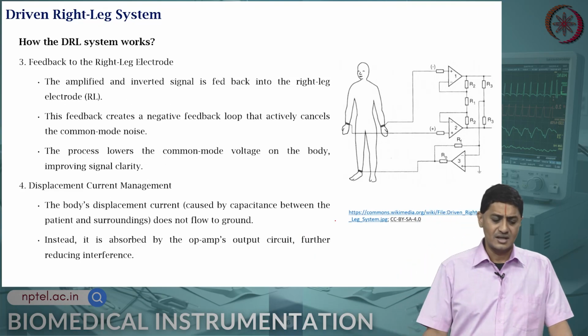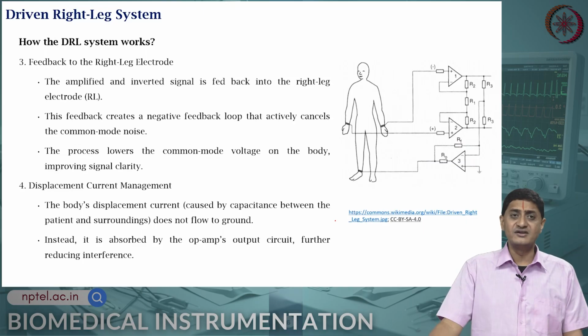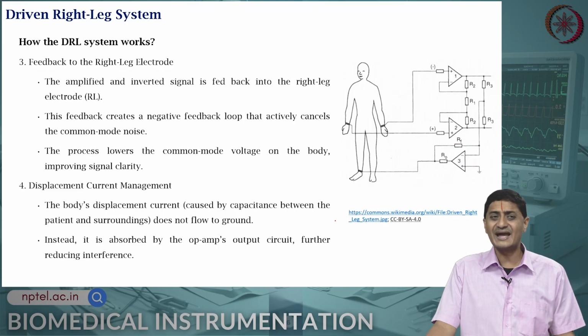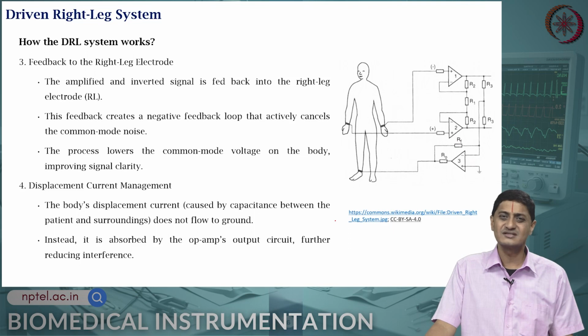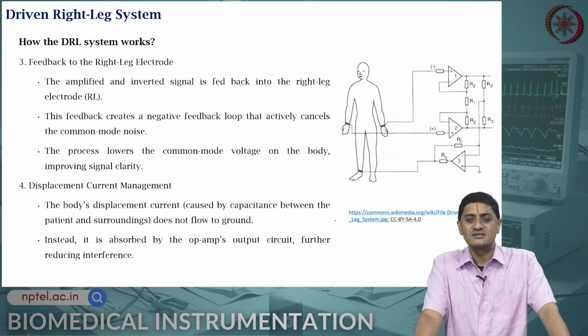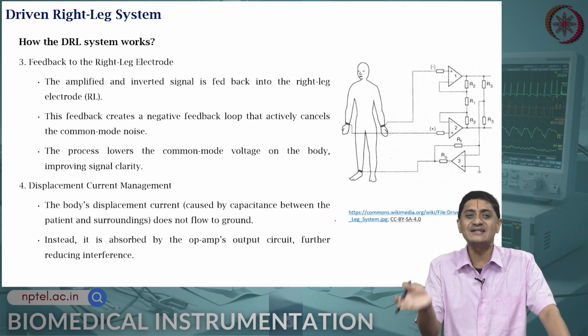Then this amplified and inverted signal is fed back into the right leg through the right leg electrode. This feedback creates a negative feedback loop that actively cancels the common mode noise, similar to noise cancelling headphones. This process greatly reduces the common mode voltage on the body, thus greatly enhancing signal clarity.